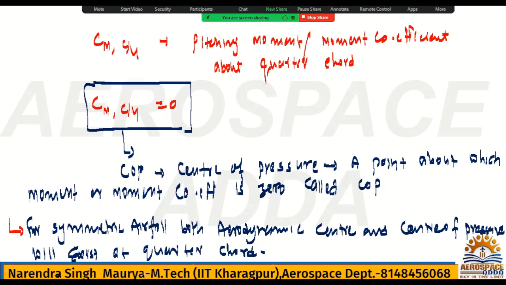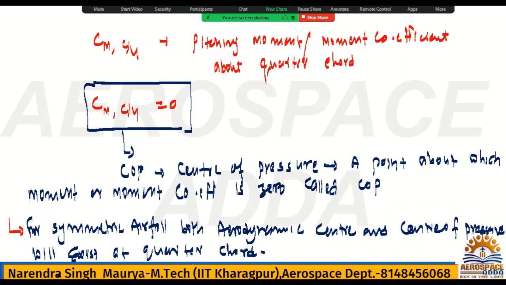Okay, if it is symmetric airfoil, so aerodynamic center as well as center of pressure, both points will, theoretically I am saying, exist at the quarter chord point. And what is the point where moment or moment coefficient will be 0? It is the center of pressure.